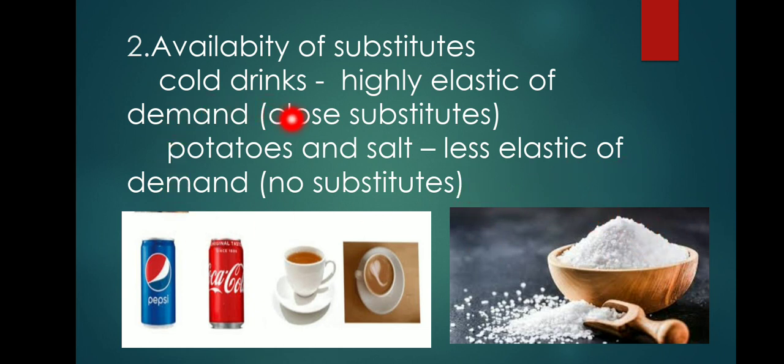But in the case of a close substitute, there will be a high change in demand, which means highly elastic demand, because we have a substitute. In the case of no substitute, there will be less change, less elasticity of demand.